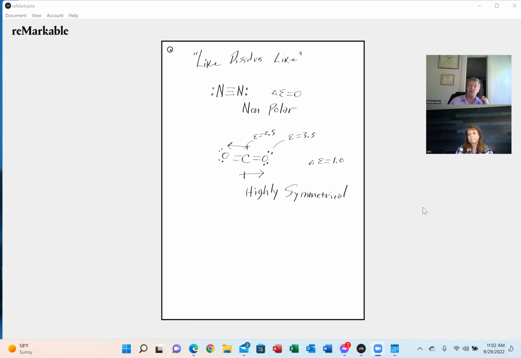So if you have identical elements bonded to the central element and a highly symmetrical shape, it turns out the molecule will be nonpolar. Okay, does that kind of make sense?